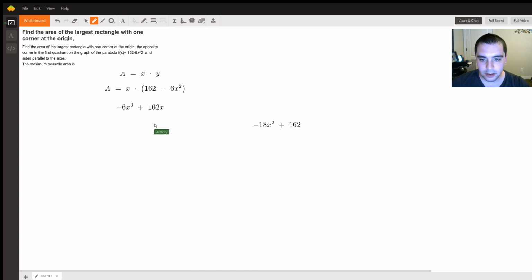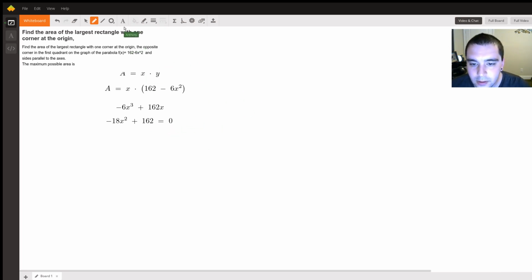So here is our derivative: negative 18x squared plus 162. Now all we have to do is find the point where this is equal to 0. So we set this equal to 0 and solve it.